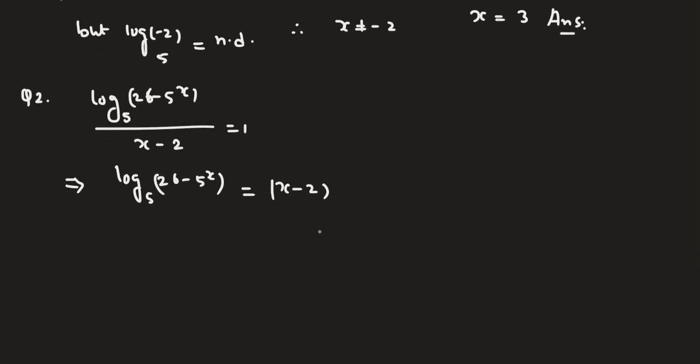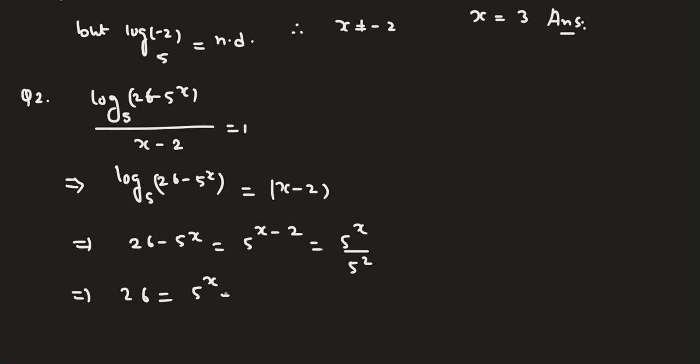Now next, 26 minus 5 power x, which is equal to 5 power x minus 2, that is same as 5 power x by 5 square. From here we can write 26 which is equal to 5 power x plus 5 power x by 5 square.